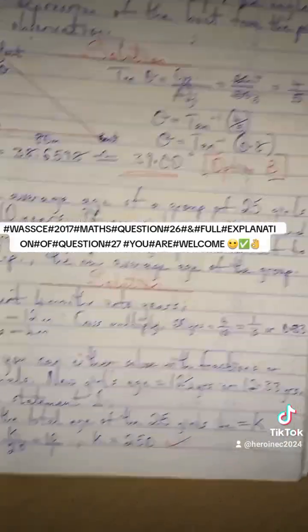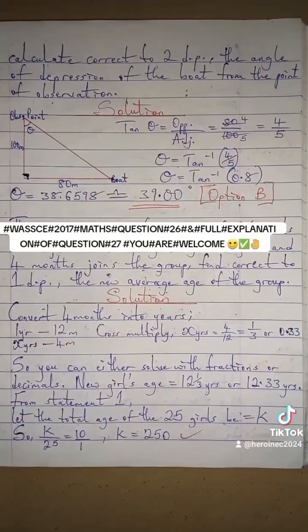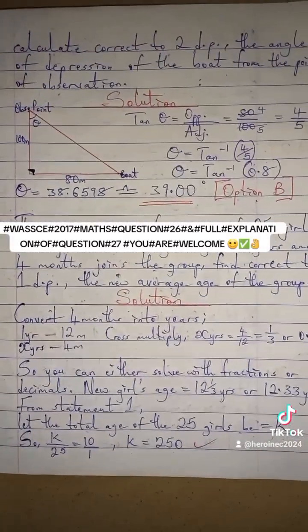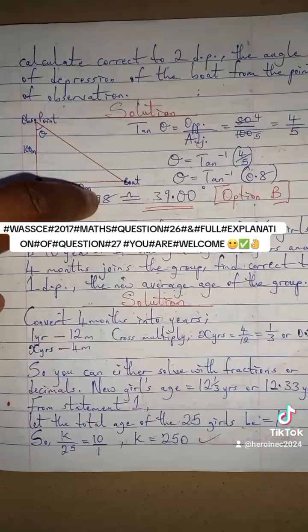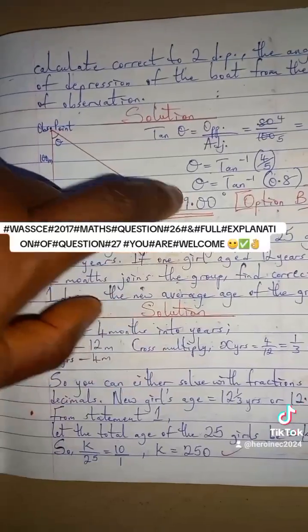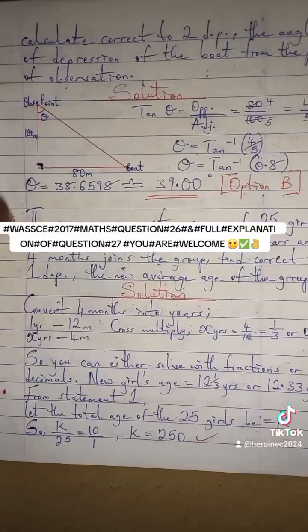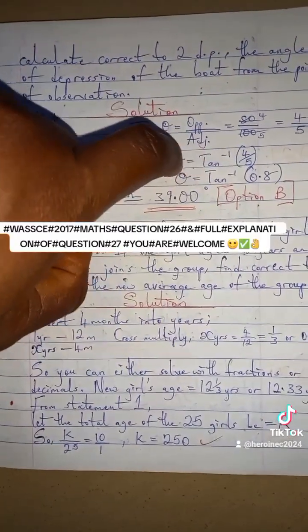Now, to get the angle itself, since that is what we are looking for, it says calculate correct to 2 decimal places the angle of depression. So the angle itself is now equal to the inverse tan of 4 over 5. On your calculator, you click on shift and you click on tan, and you get tan raised to power minus 1.